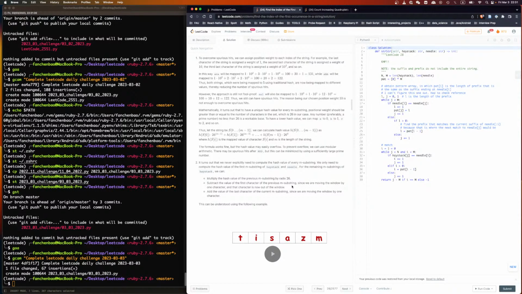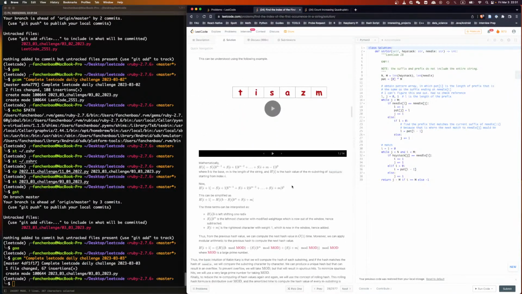Oh, I might use a prime number like 29, right? Yep, it's this previous minus the front.